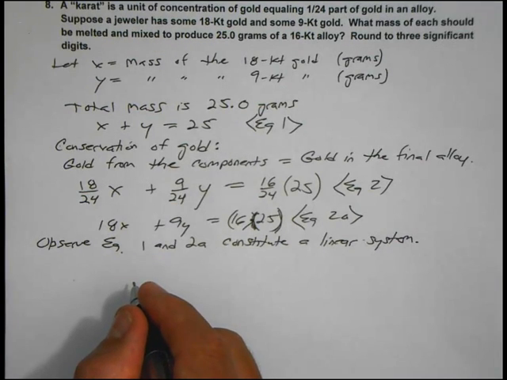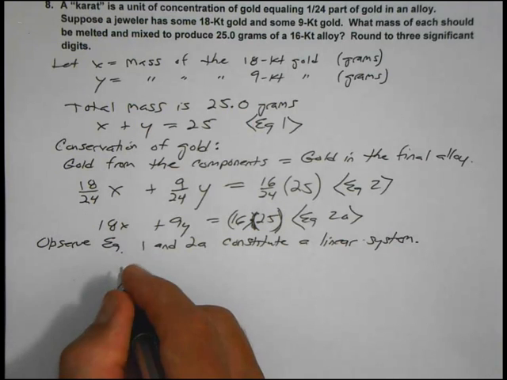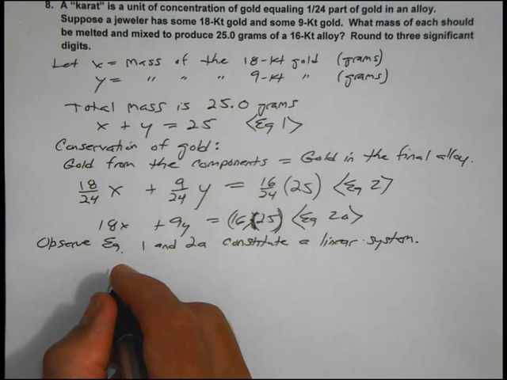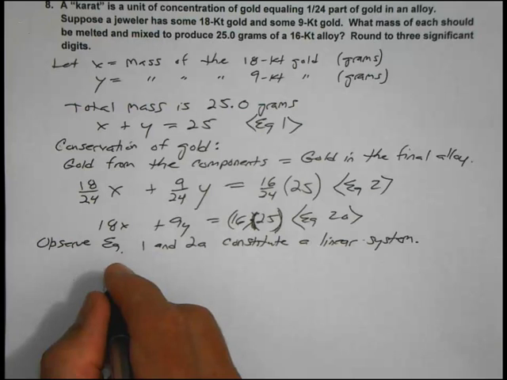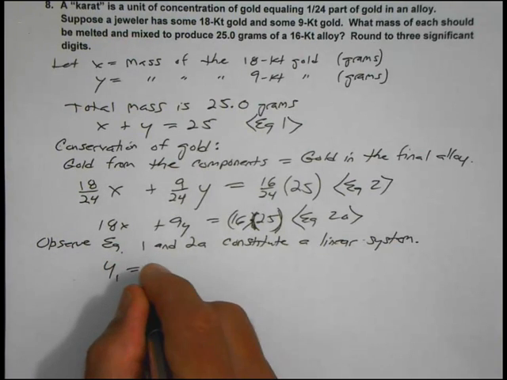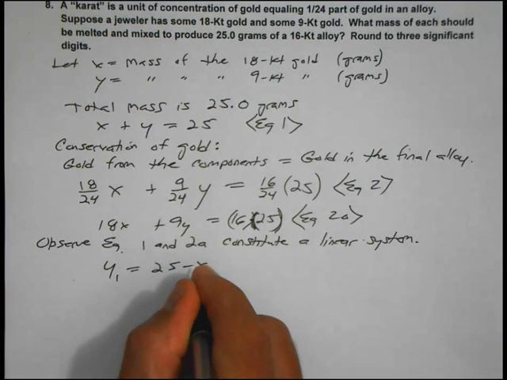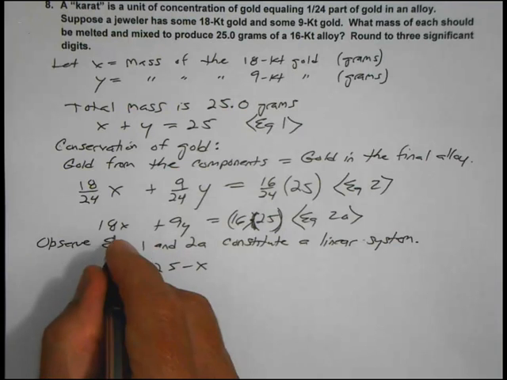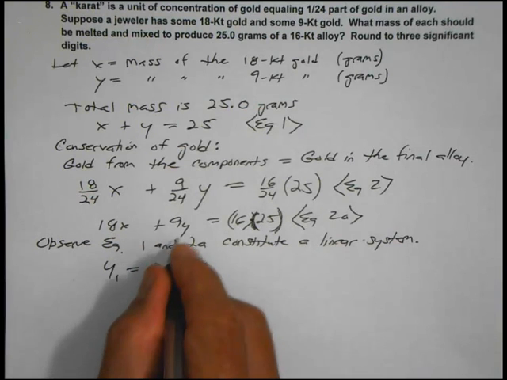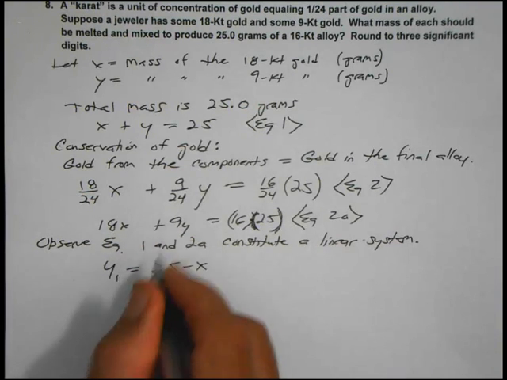We could elect to go with a calculator, and in that case we need to solve for y in each equation's case. First equation, very simple, subtract x from both sides. y1 will equal 25 minus x. In the second equation, we'll need to subtract 18x from both sides, then divide both sides by 9.